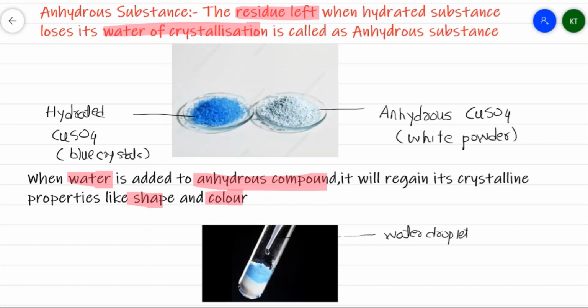Here you have anhydrous, but you observe that a blue solid is being generated. This blue solid is regenerated back, and this is your white solid. So when you add water to an anhydrous substance obtained by heating a hydrated substance, it will regain its shape and color.